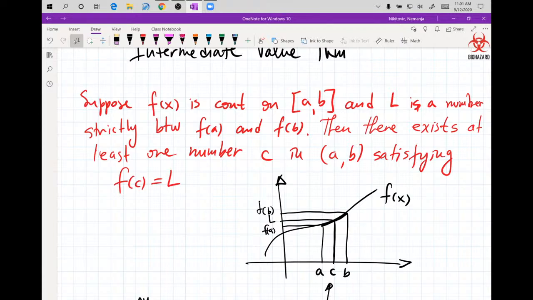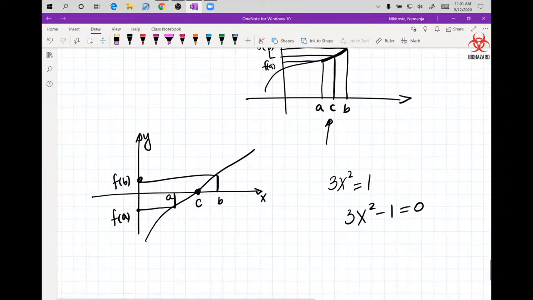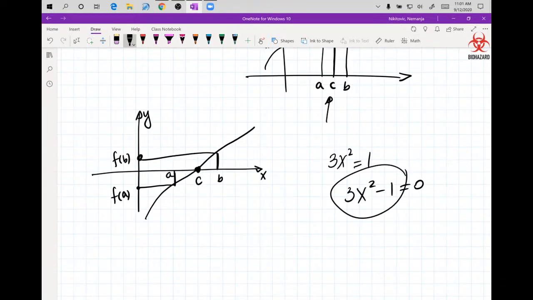Now, the reason why this is in is because it uses continuity in its theorem, because f of x is supposed to be continuous. And I know that I can apply that theorem here because this is a polynomial, and we said that polynomials are globally continuous, so I can use it to solve the problem.